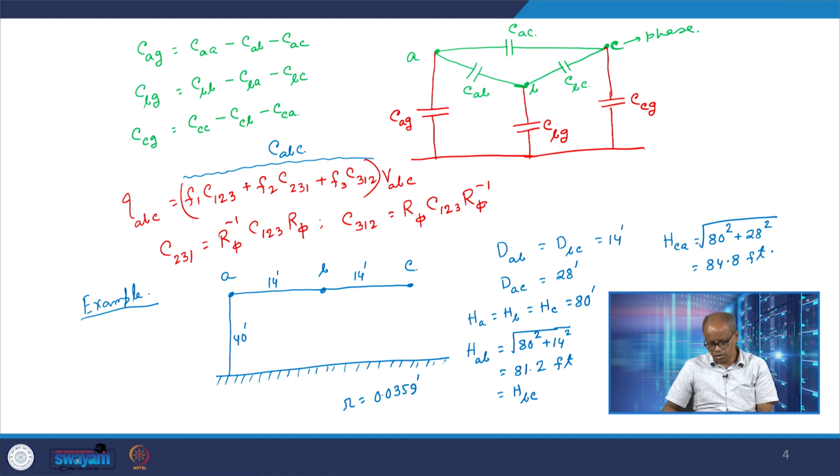So these quantities are given and all the other quantities we have calculated. Now we calculate PAA.